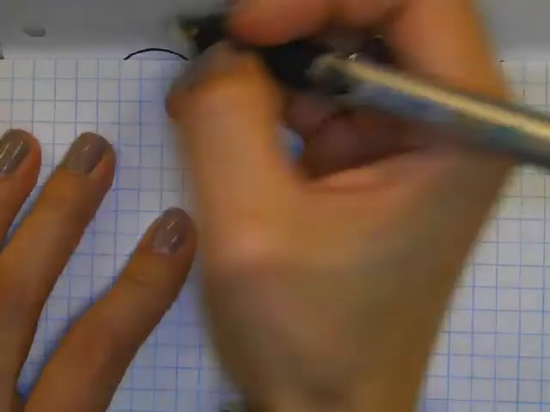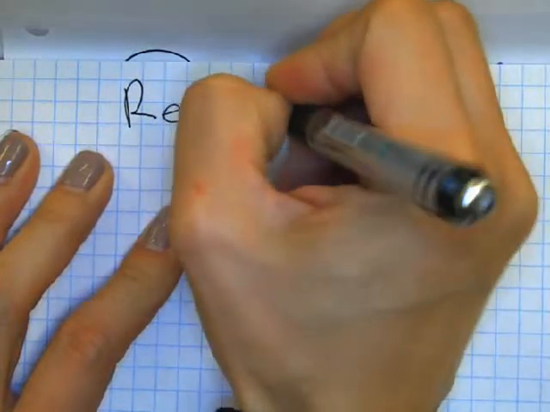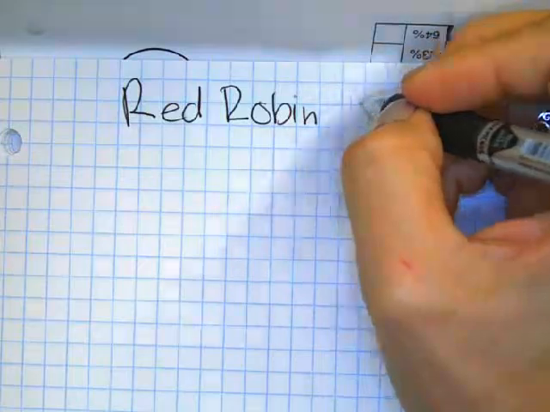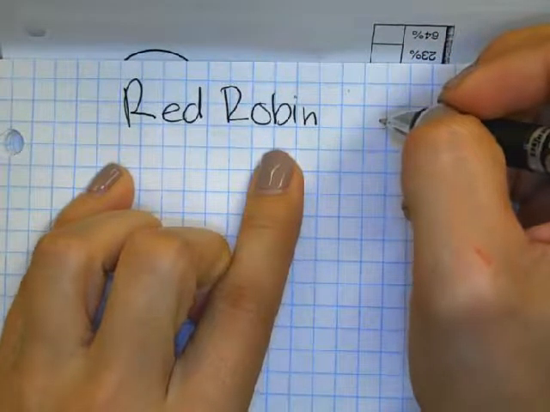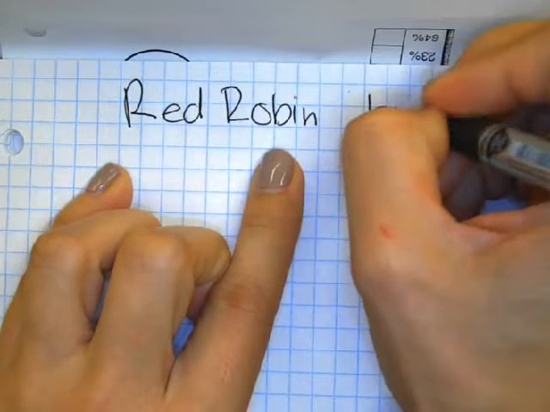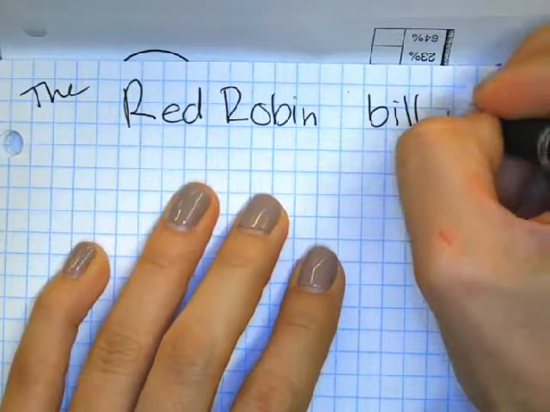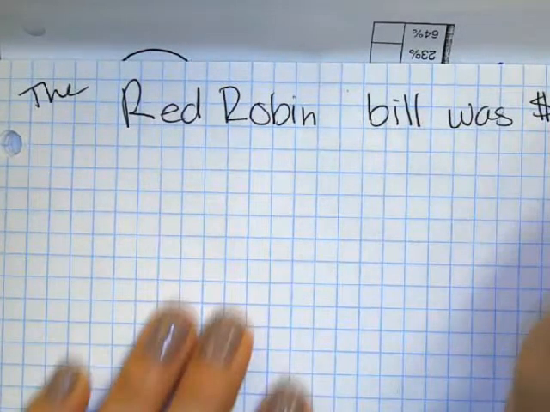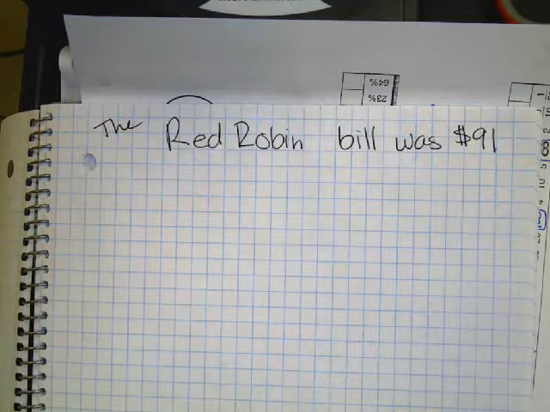So last night, I went to Red Robin. The Red Robin bill was $91. Okay? We took the whole family.